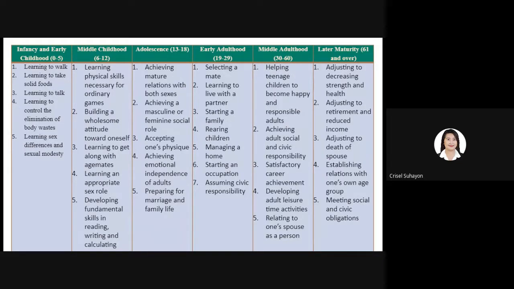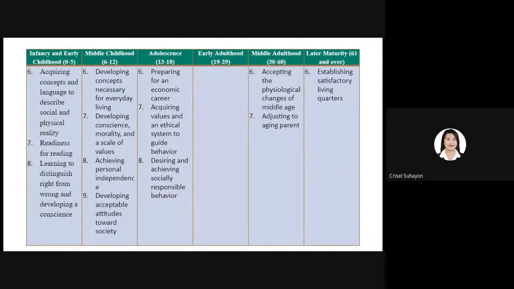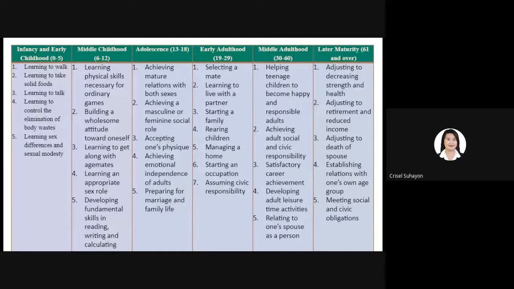And then we have later maturity, 61 and over. So number one, adjusting to decreasing strength and health. This is the retirement age, those who have retired, 61 and up. Number two, adjusting to retirement and reduced income. So since you have retired, you no longer receive a regular salary.